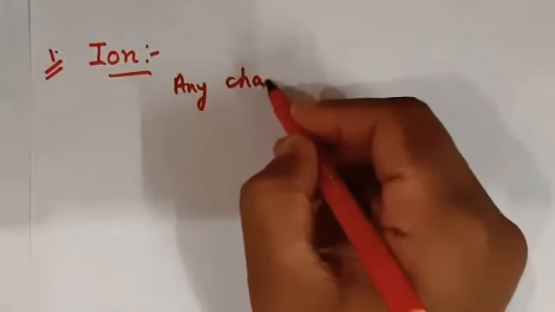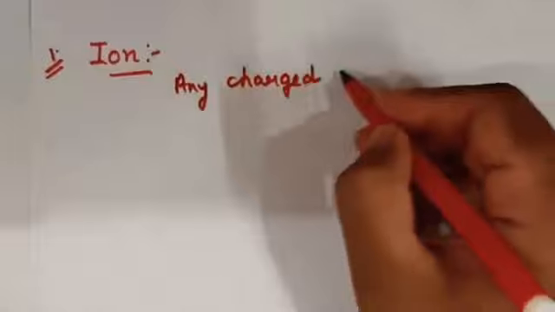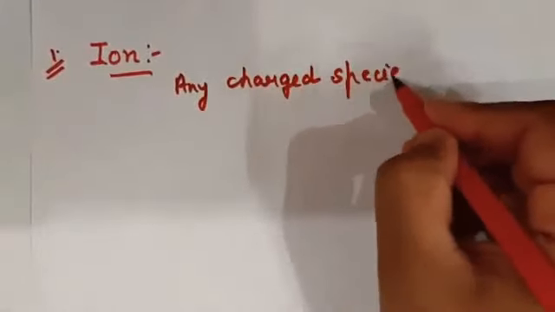So let's start. So your first topic is ion. What is an ion? Any charged particle, any charged species, it is called as ion.